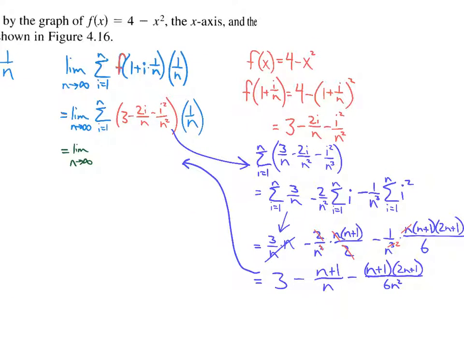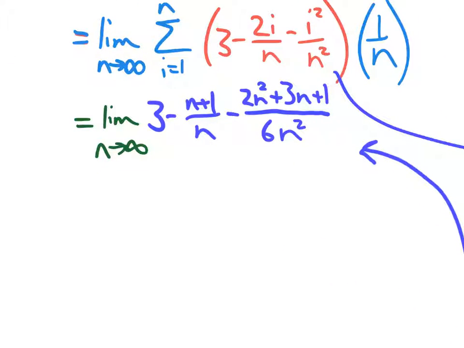That's what I'm taking the limit of. 3 minus n plus 1 over n minus, if you want to FOIL it, you can, 2n squared plus 3n plus 1 all over 6n squared. So notice here, now I'm taking the limit.